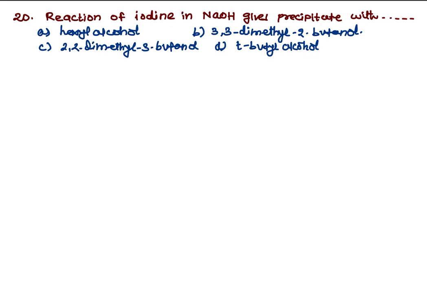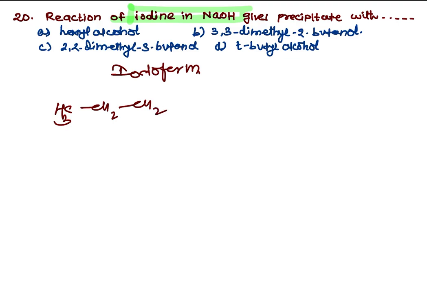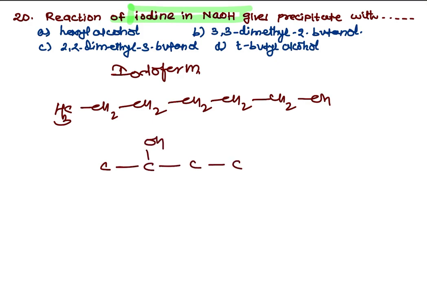A reaction of iodine in NaOH gives a precipitate, that is iodoform. This is an example of the iodoform test. Now, option A, hexyl alcohol. It is like this. B, 3,3-dimethyl-2-butanol. Here 4 carbon atoms are there. 2-butanol, 3,3-dimethyl.